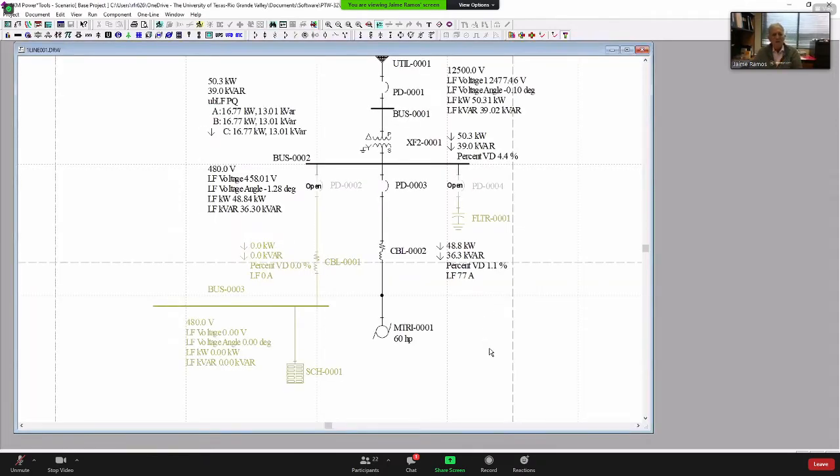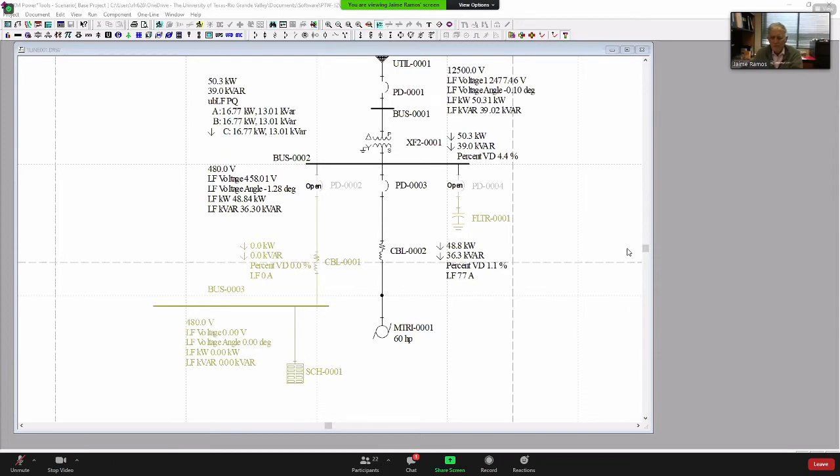Right there. Mine opens a component editor. I don't know why.